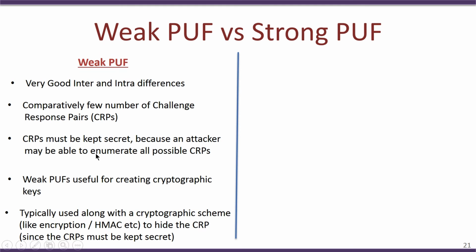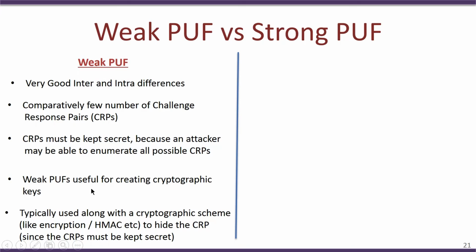So, essentially weak PUFs are used for creating cryptographic keys. They are typically not used by themselves, but combined with other cryptographic schemes like encryption or HMAC and so on, in order to hide the CRP.